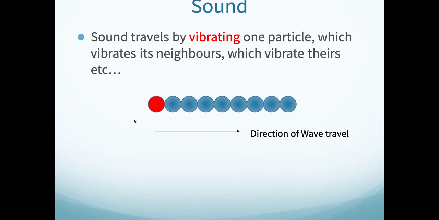Sound waves and lots of other waves travel by causing vibrations, and those vibrations pass out through the material, the medium, and so energy gets transferred. Remembering that's what waves do, they transfer energy. So this particle vibrates, which makes this particle vibrate, which makes this particle vibrate, and so on. The vibrations pass down through the particles of the medium. The particles themselves don't go from here to here, but the vibration does, and so the energy does.